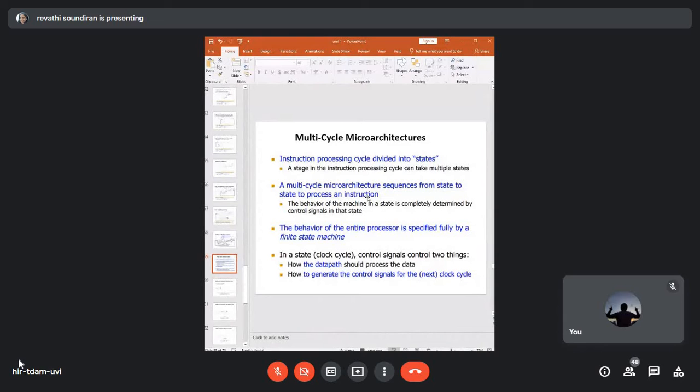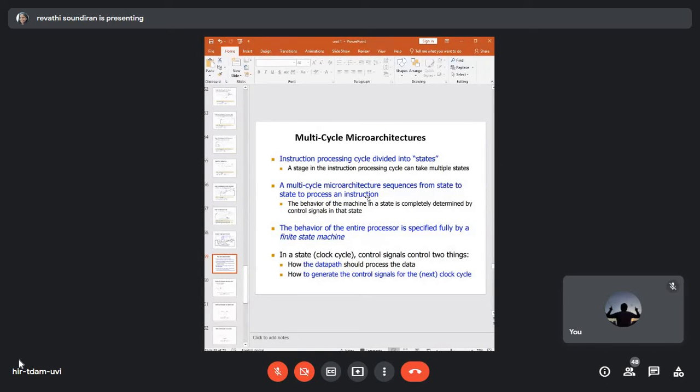So now you have the data and the control signals. The behavior of the entire processor is fully specified as a finite state machine. So it is an FSM architecture, because the instruction processing cycle is divided into a number of states.